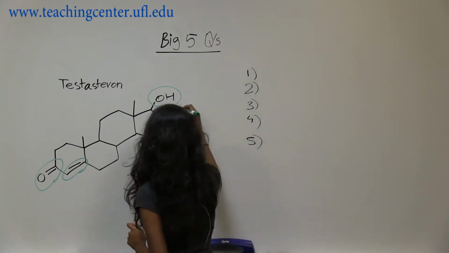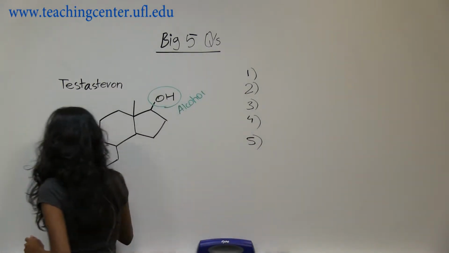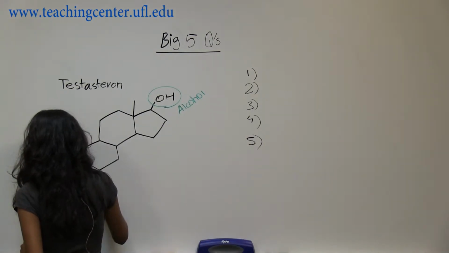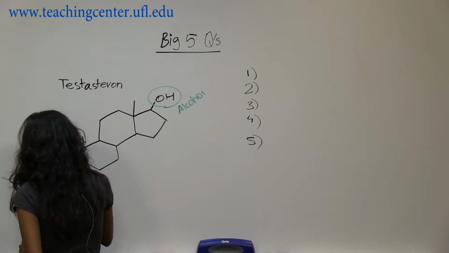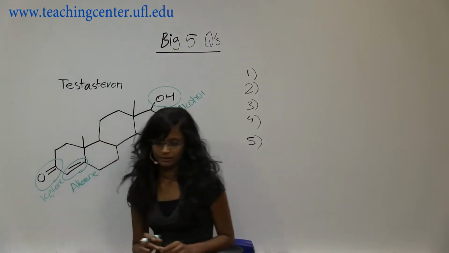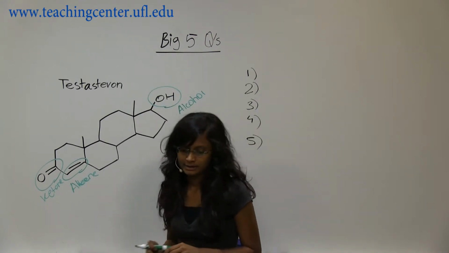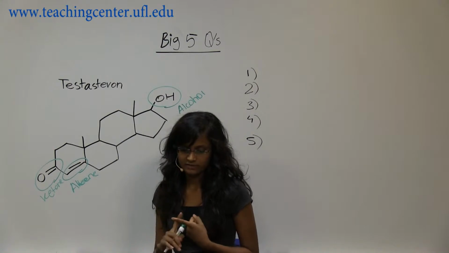So you need to circle them and name them. Okay, so we have 3 functional groups on the first one, and that's the answer for 1.